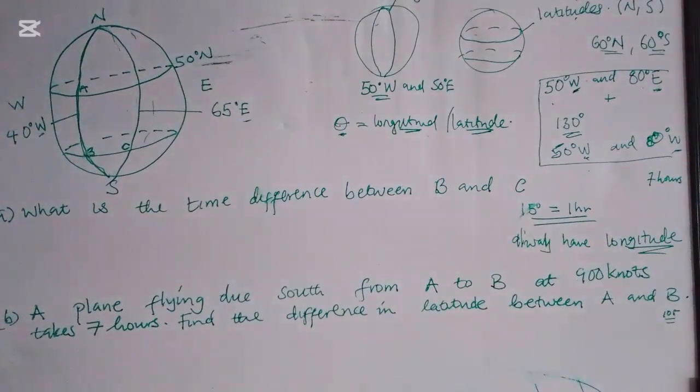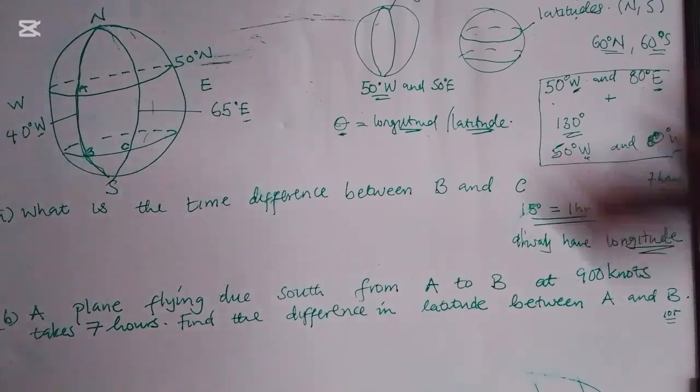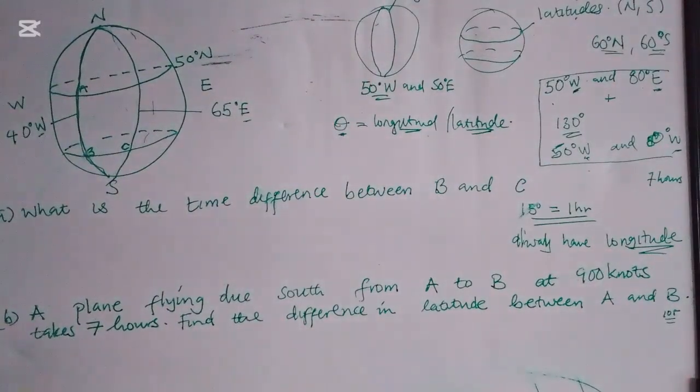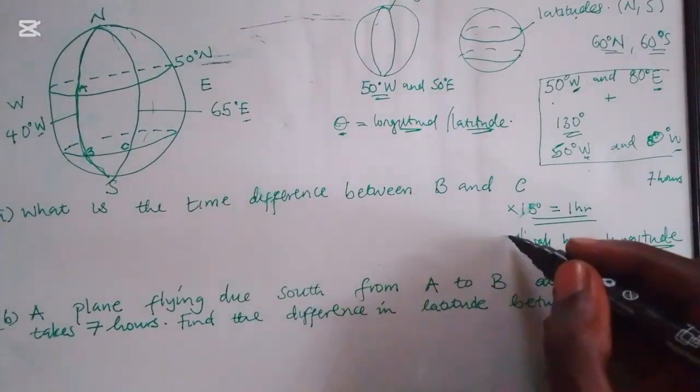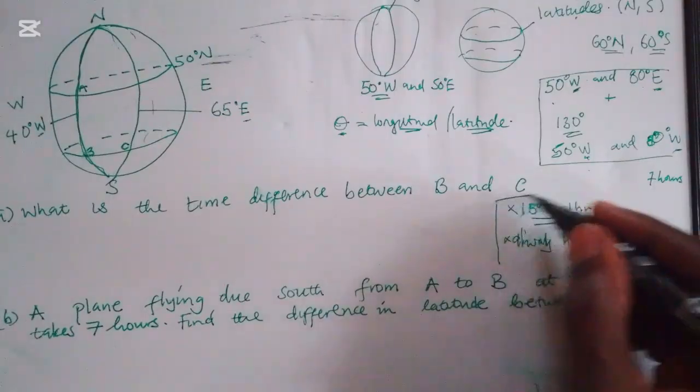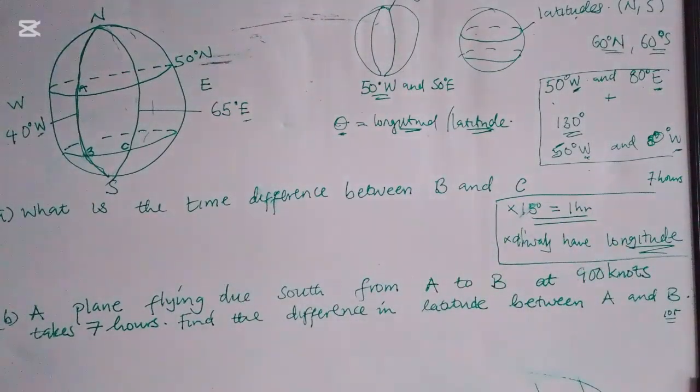So whenever you hear the word time, just forget about the latitude. Only focus on longitude. So these are the two principles you need to understand to calculate a time question in paper 1.